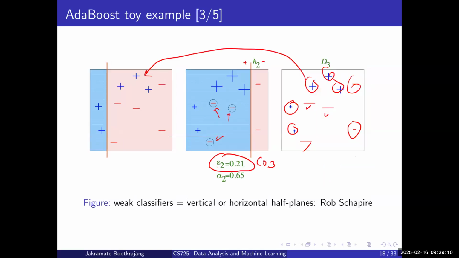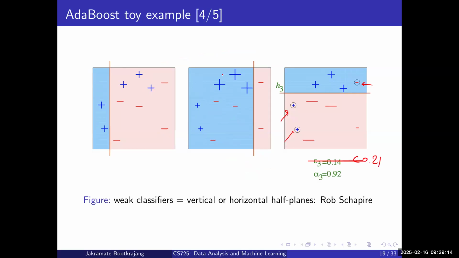Before we had 0.21 for three incorrect, but now we have three incorrect and the weight is even smaller. So we get something smaller than 0.21, which is 0.14. So that is how AdaBoost creates a classifier.